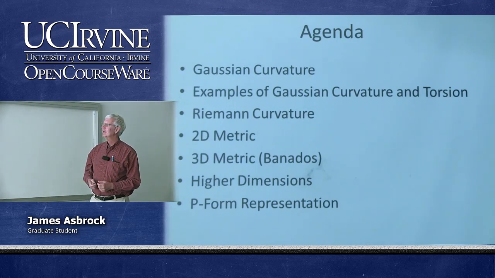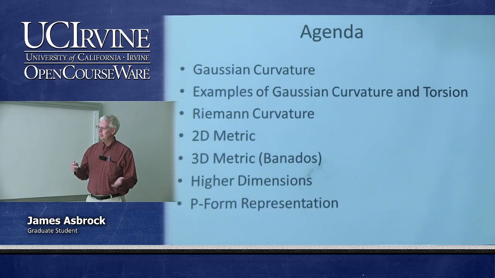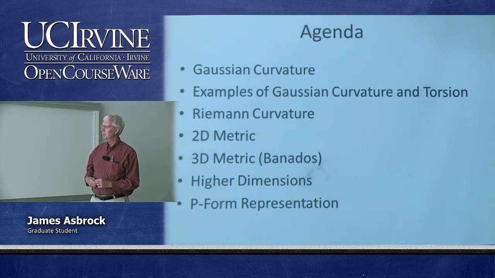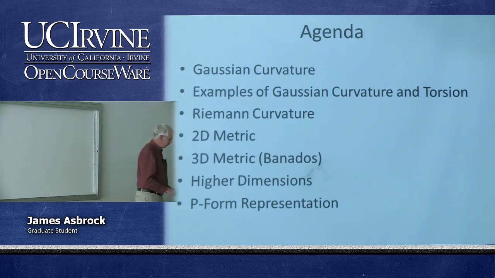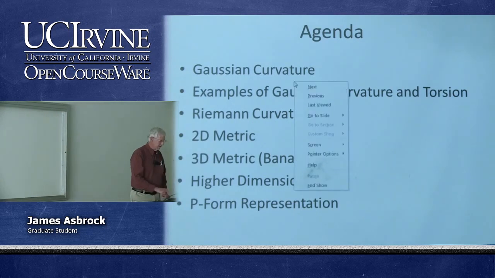But I'll go over basically Gaussian curvature, examples of it, and then the Riemann curvature. The 2D you have already heard about, so I may skip that. I will go over the 3D metric, the Bañados, or the BTZ metric, and then just look at higher dimensions, and if we have time, the p-form representation of the metric.